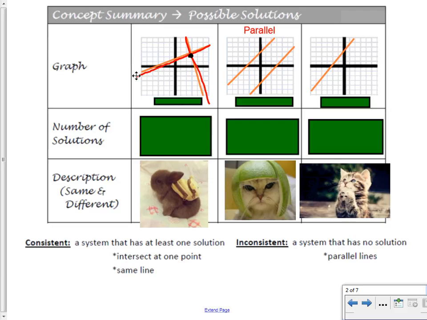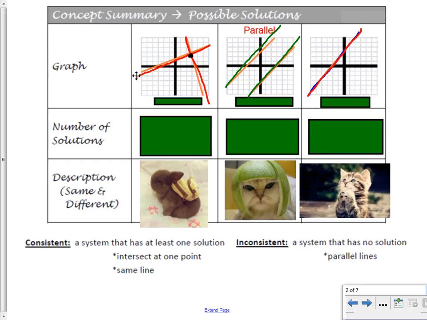Draw another graph over here of two parallel lines, and if you want to write down, like I have up here, that they are parallel, that might be helpful. And over here, draw two lines that are right on top of each other. So I'm going to draw one that's blue and one that's red, and they're literally exactly on top of each other. It's like I'm drawing the same line in the same place.